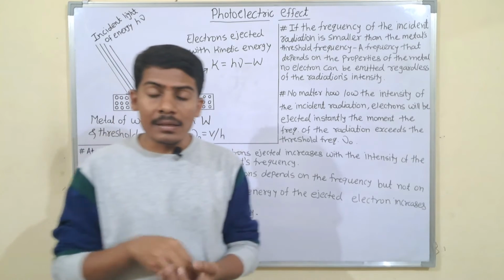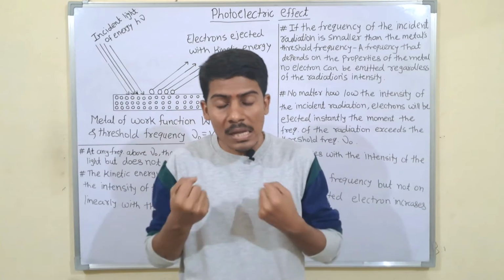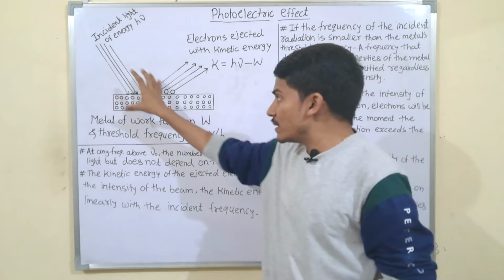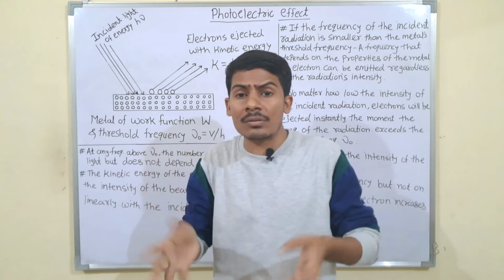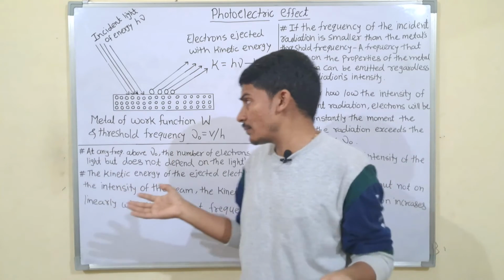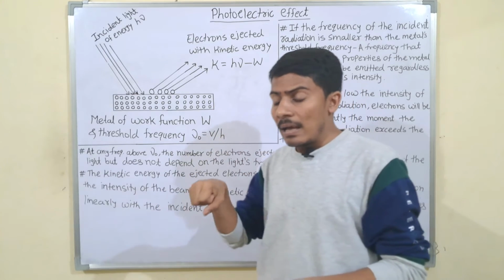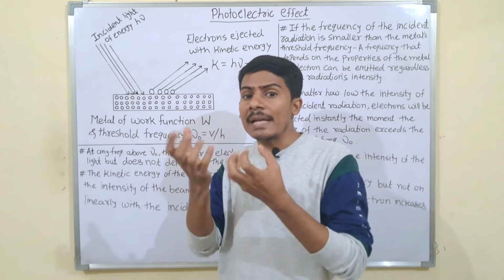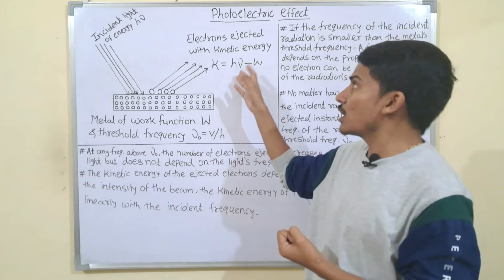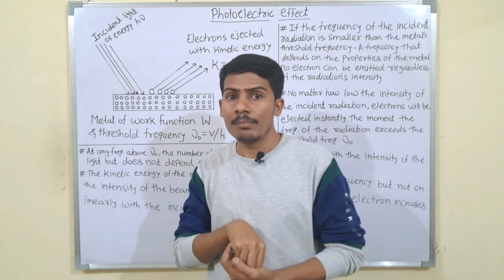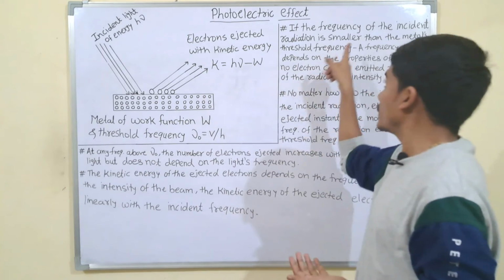Now according to classical physics, if we incident light on any metal that has a large number of free electrons, then they absorb that energy and ejection of electrons takes place. But when ejection of an electron occurs depends on the frequency.